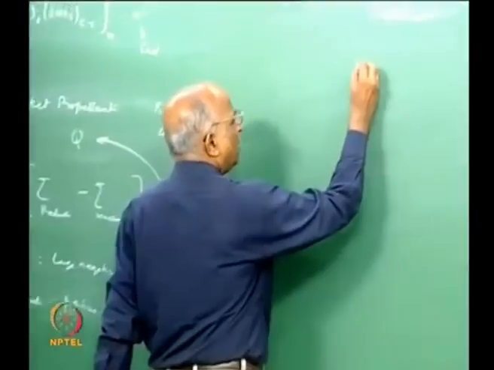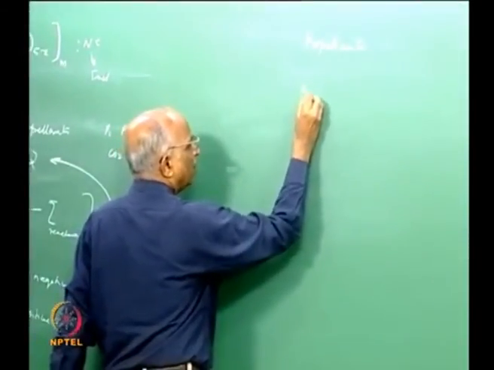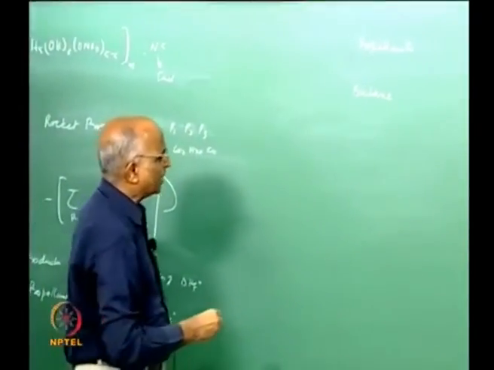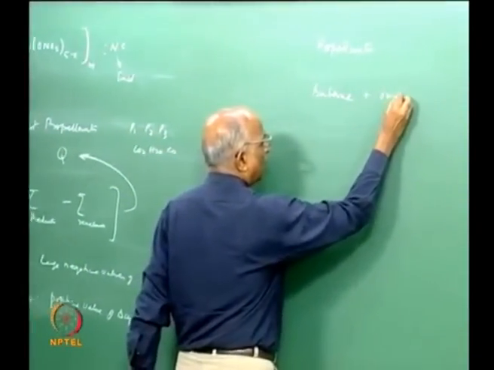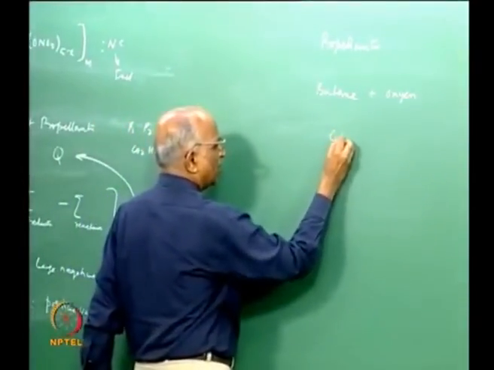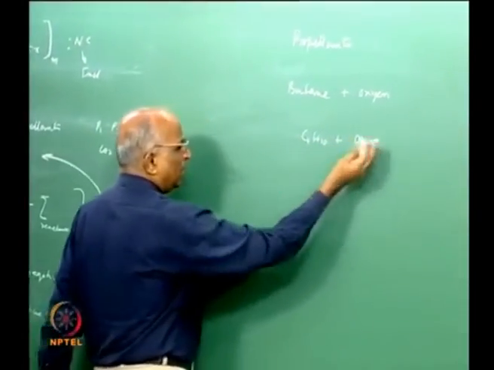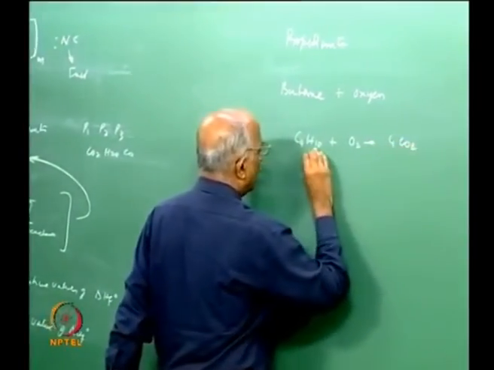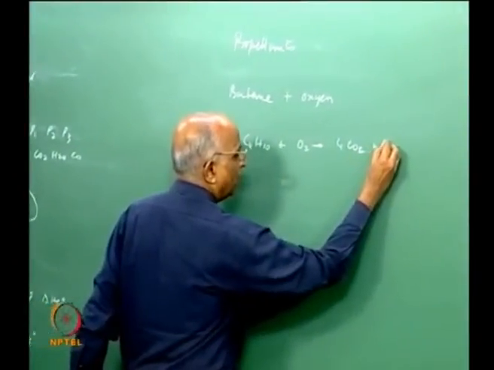But the question is, let us consider a propellant like butane, but unfortunately butane is a gas and it is difficult to use, but let us take this example, plus I have oxygen as the oxidizer. Butane has the formula C4H10 plus oxygen. Let us say it completely burns into carbon dioxide, therefore I get 4CO2, plus 5H2O.